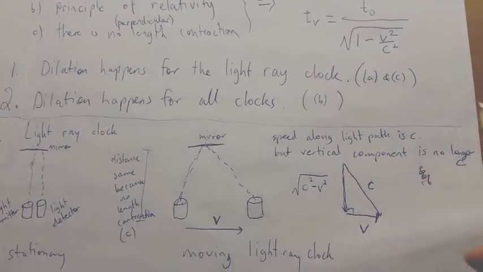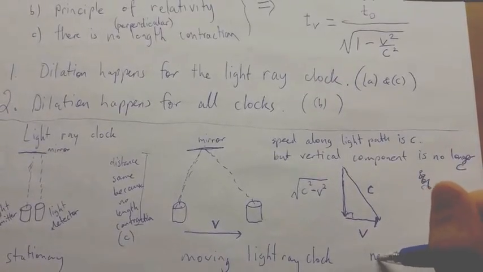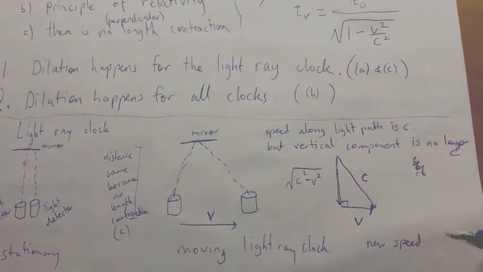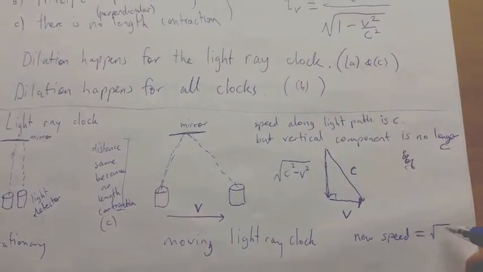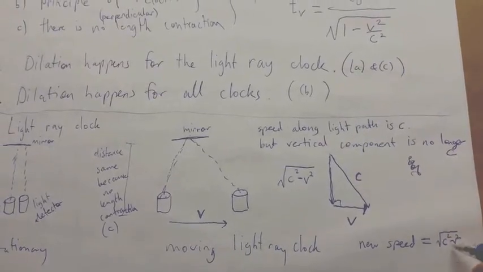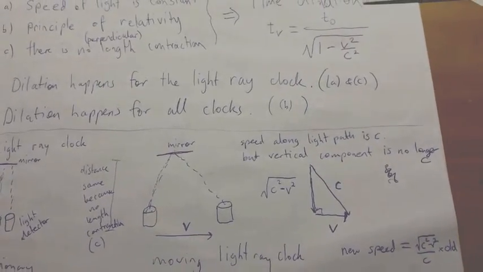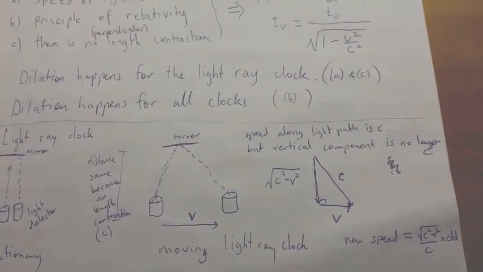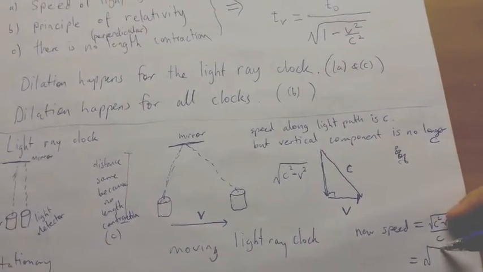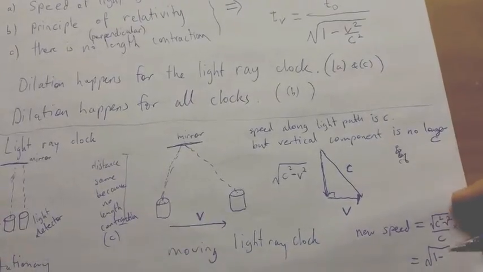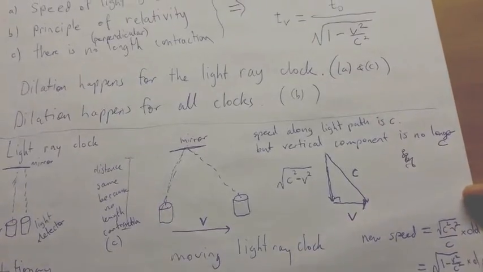So the new speed is root c squared minus v squared over c times old speed, which upon simplification is equal to root 1 minus v squared over c squared times old speed.